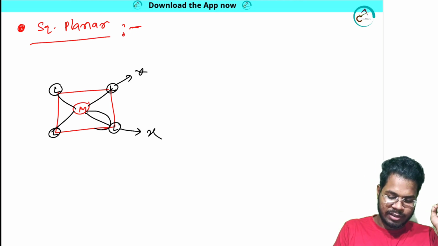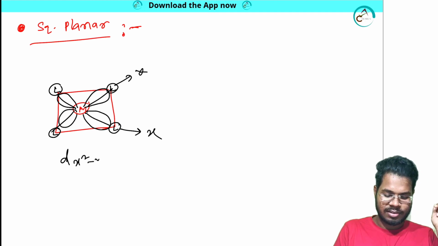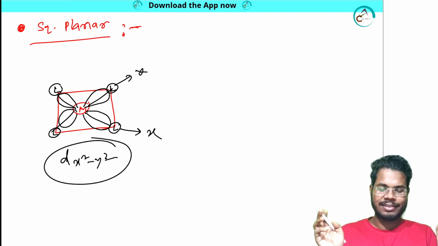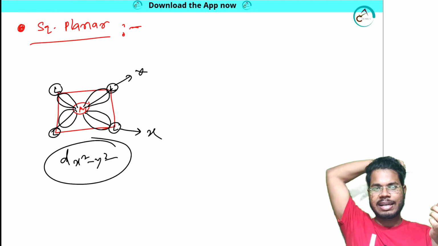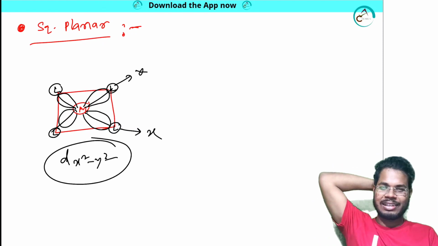And if I talk about the interaction, you know that dx2-y2 is the only orbital that will interact directly with the ligands, because there is nothing on the z-axis. If there was a z-axis like in octahedral, then of course it would be octahedral, it won't be square planar.